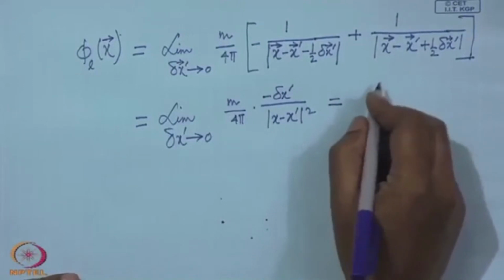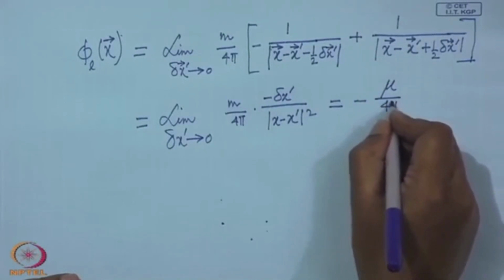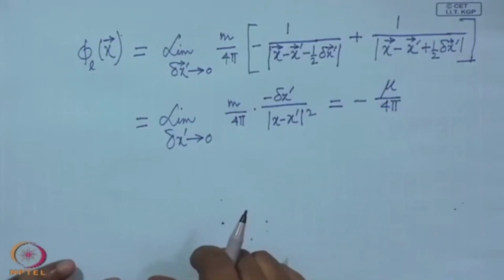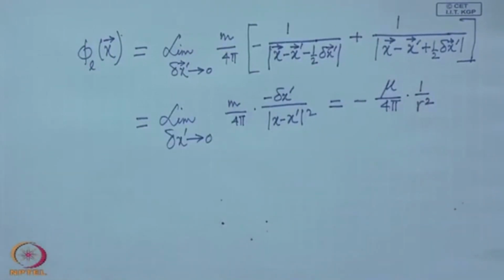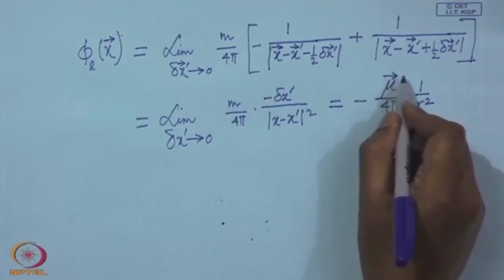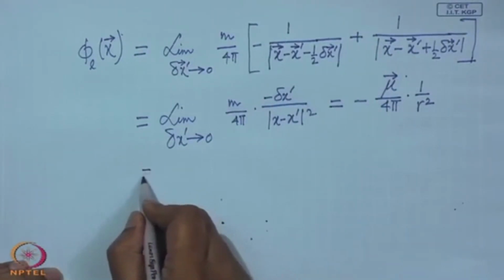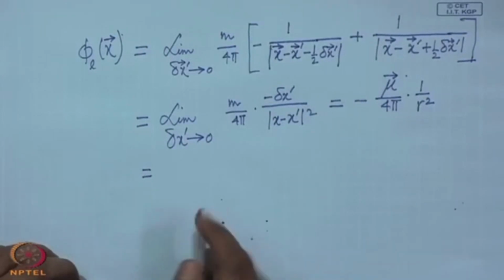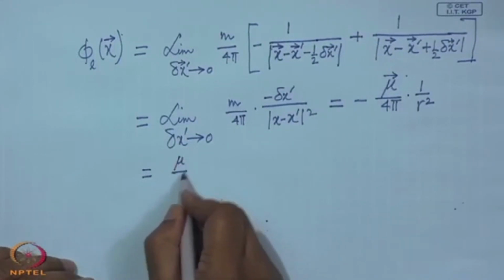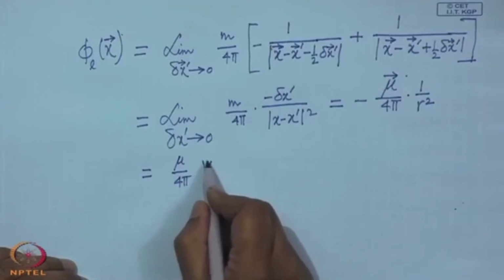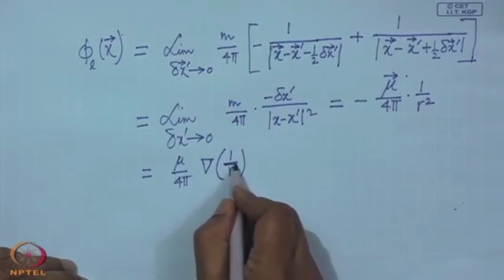And that will be, so we can write this as what? Mu by 4 pi.